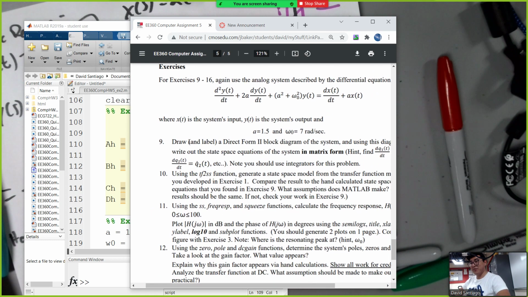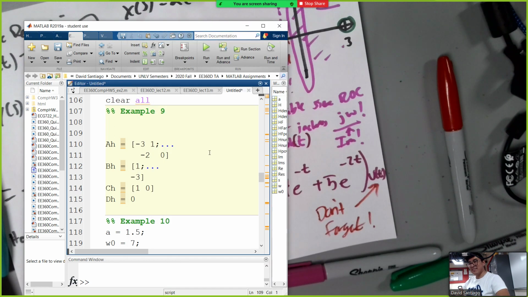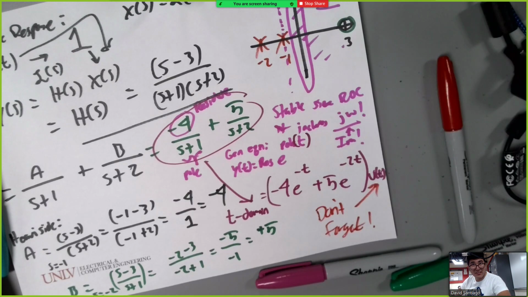What I'm going to show everyone is the transfer function of our state space equations. Let me put this on another piece of paper. Let's copy that right there.